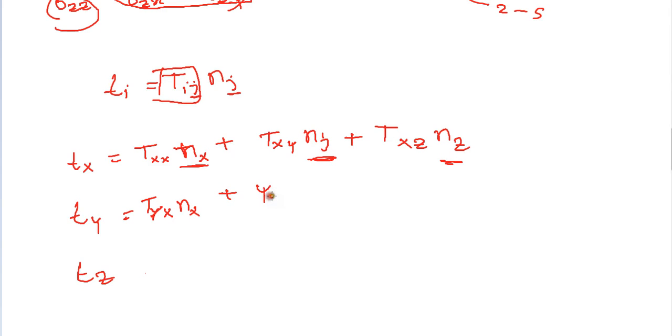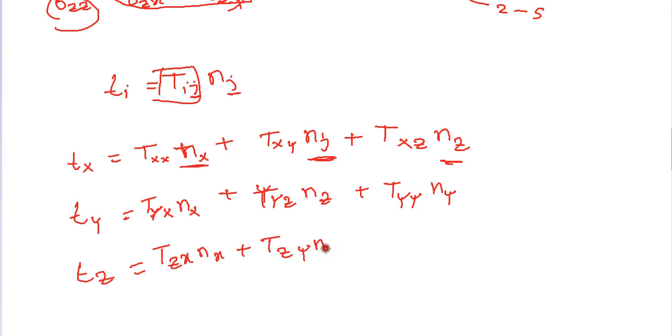So we can write down yz, and z plus we can write down t, yy, and ny. So from there we can write down here t, z, x, and x plus t, z, y, and y plus t, z, z, and z, right?